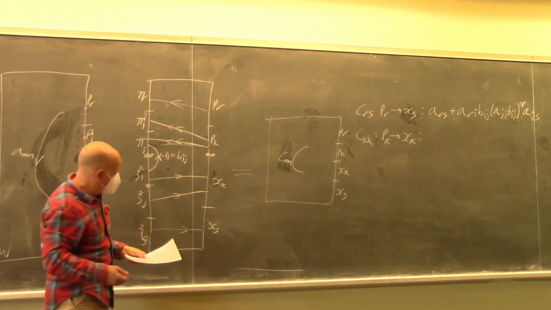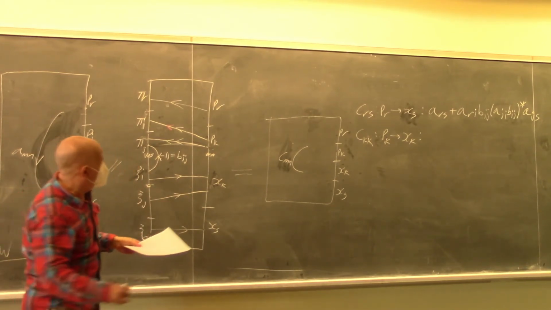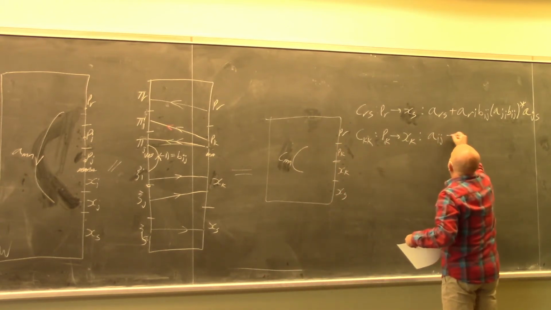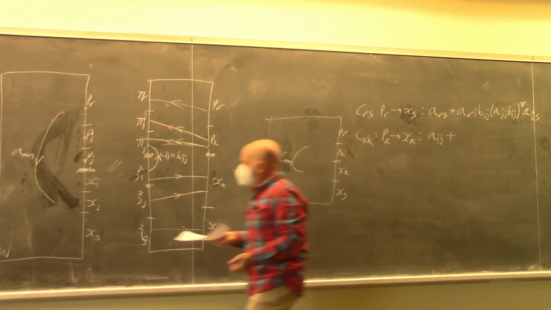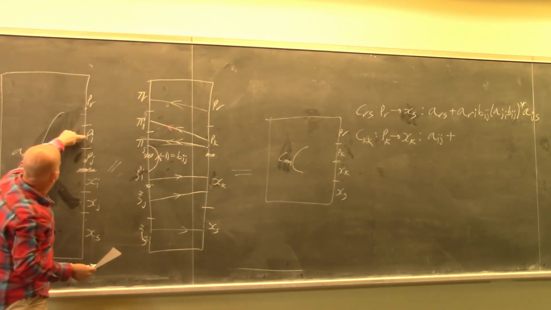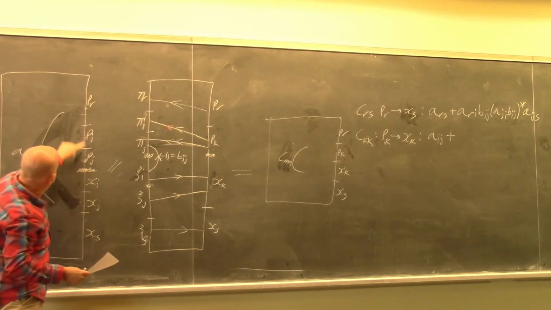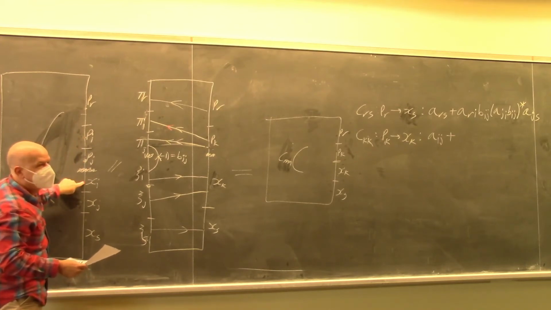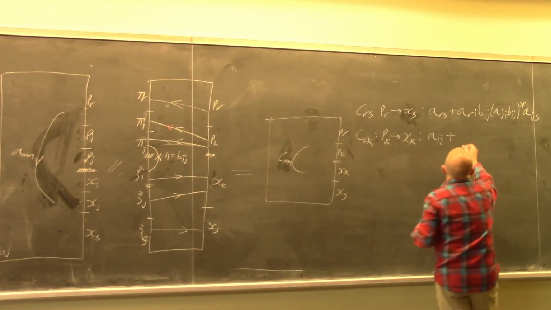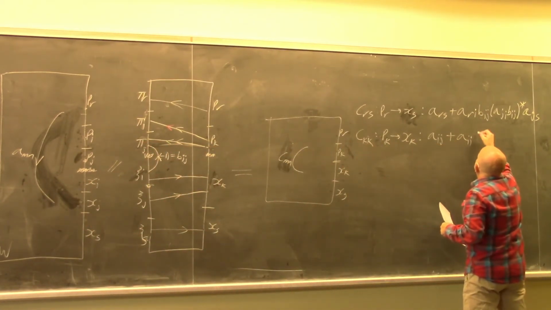So the contribution will be AIJ. Or instead of going to J, I could go to I. So to go to I, the contribution will be AII.